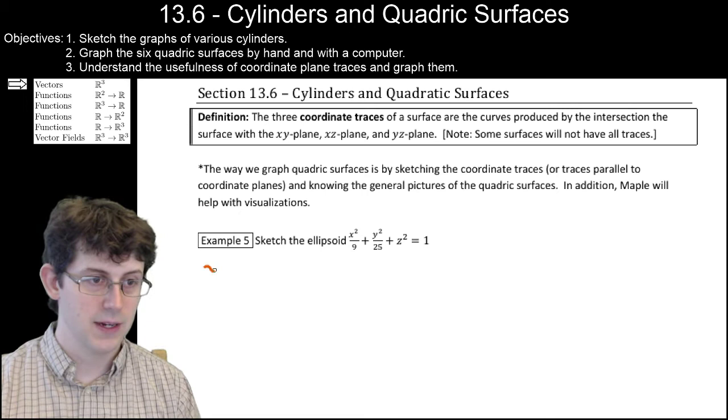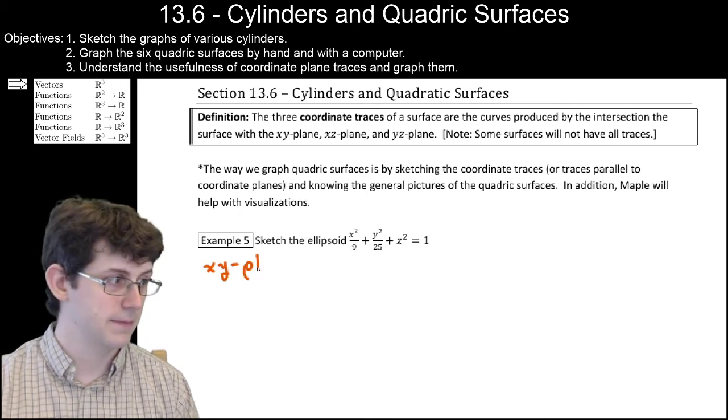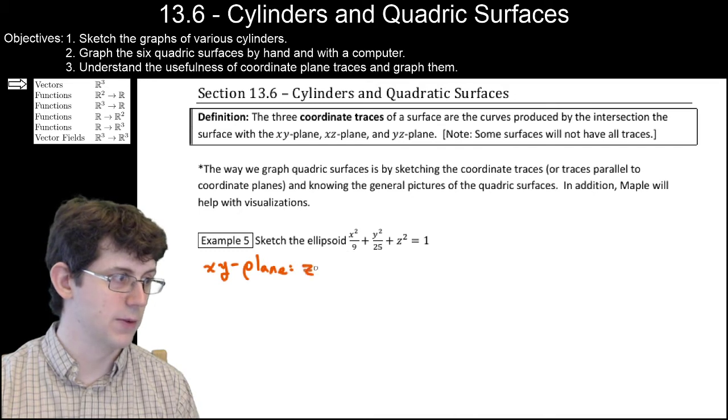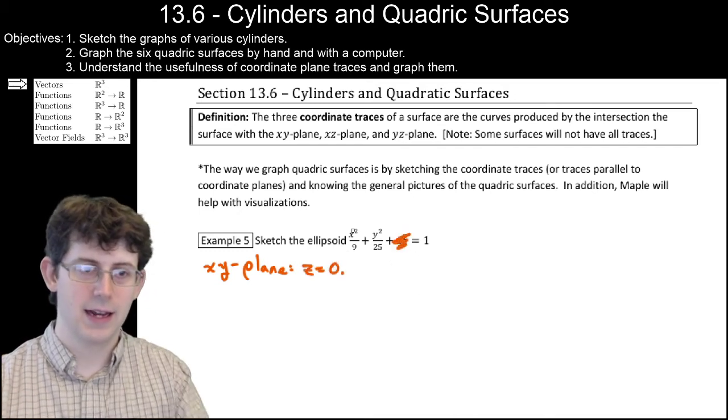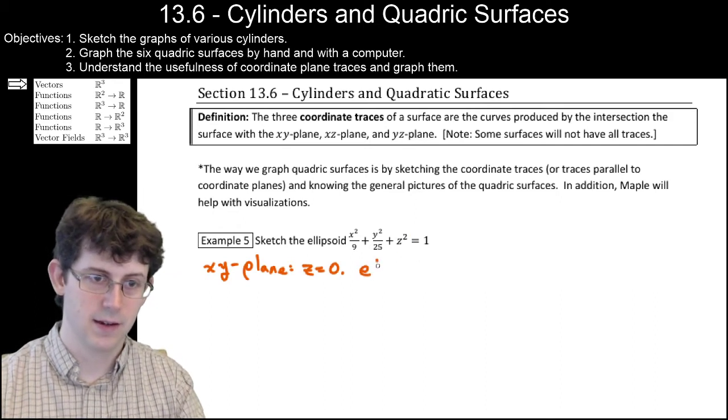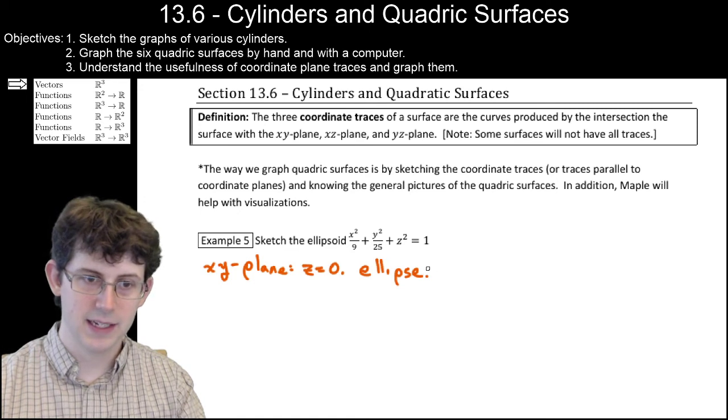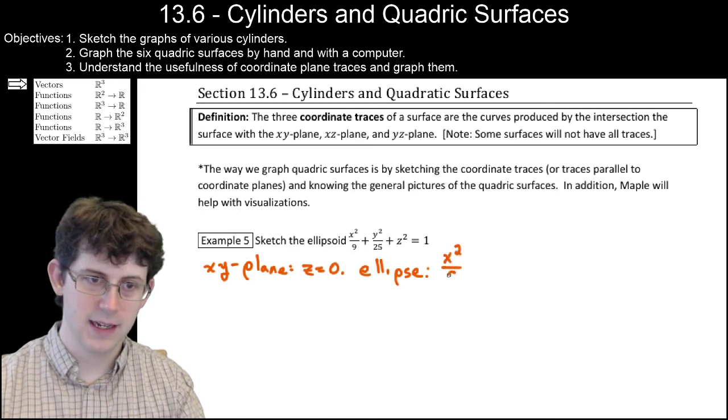So this one, I'll do the XY plane. The XY plane has z equals 0. When I plug in z equals 0, I have an ellipse. And the ellipse is x squared over 9 plus y squared over 25 equals 1.